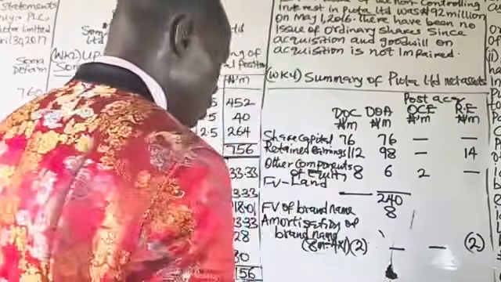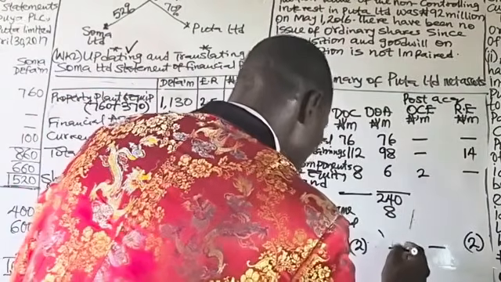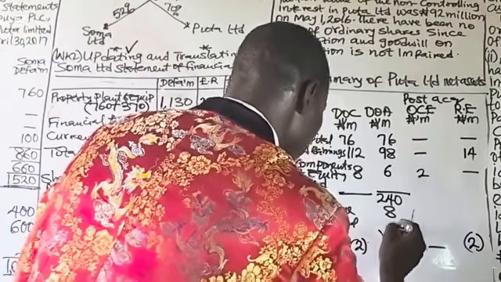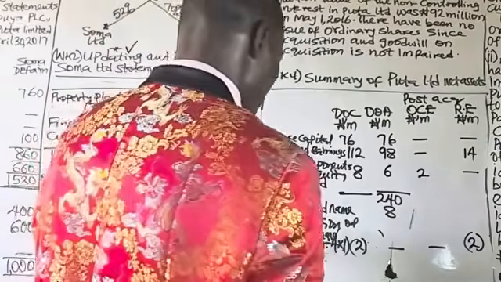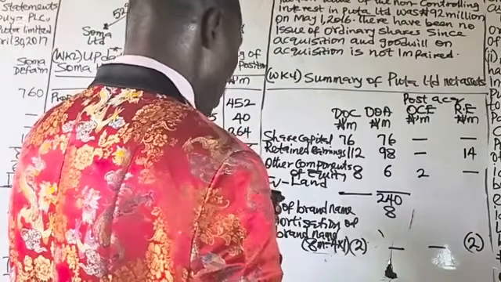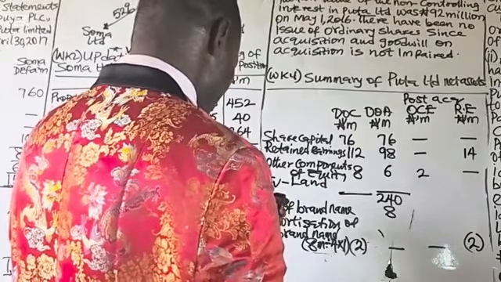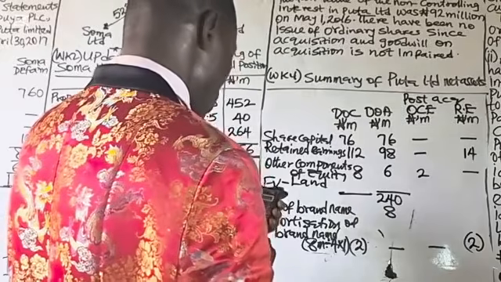So how much is the total here? 76 plus 98 plus 6. We have 180.